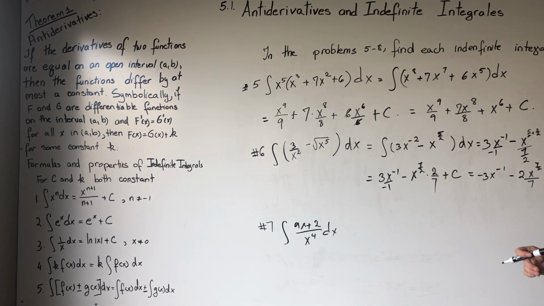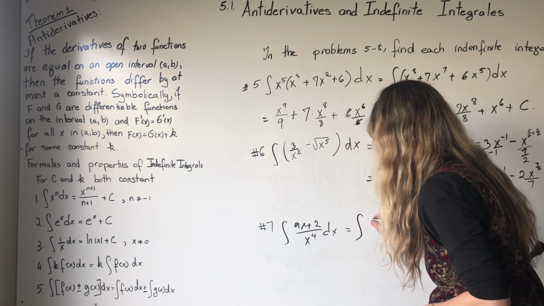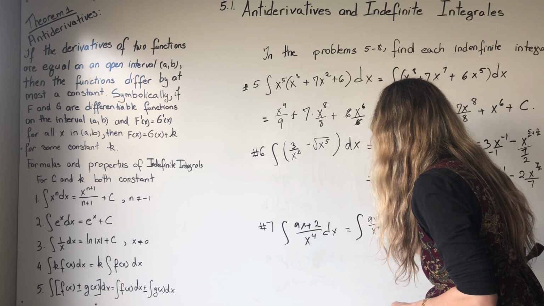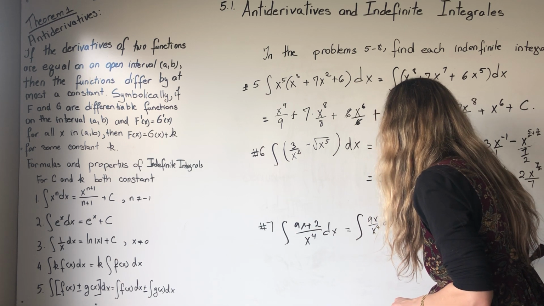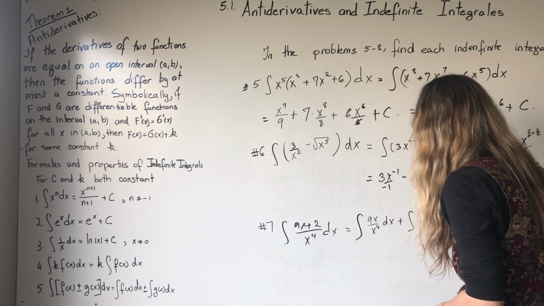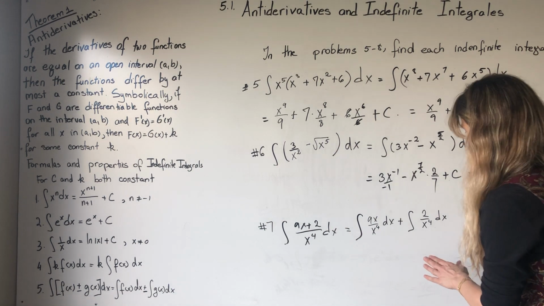Okay, so let's see what this one is equal to. This is equal to the integral of 9x over x to the 4 dx plus the integral of 2 over x to the 4 dx. Or I can just write it in one.